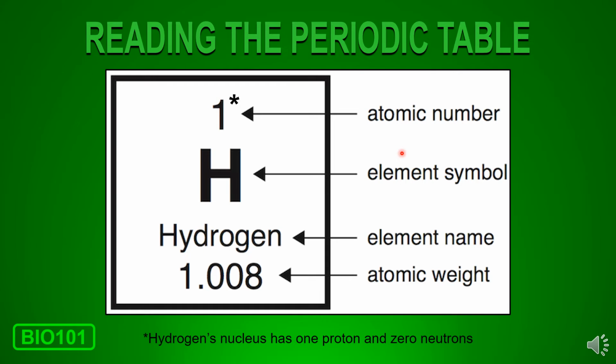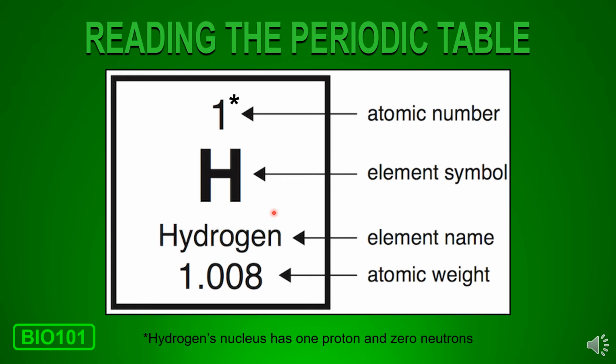So when we look at the periodic table, and you are not going to have to memorize the periodic table for sure, but there are some things that you want to be able to understand when looking at the periodic table with regard to those elements that are most important to biological systems. So it's not presented, all of the information here is not presented in every illustration of the periodic table.